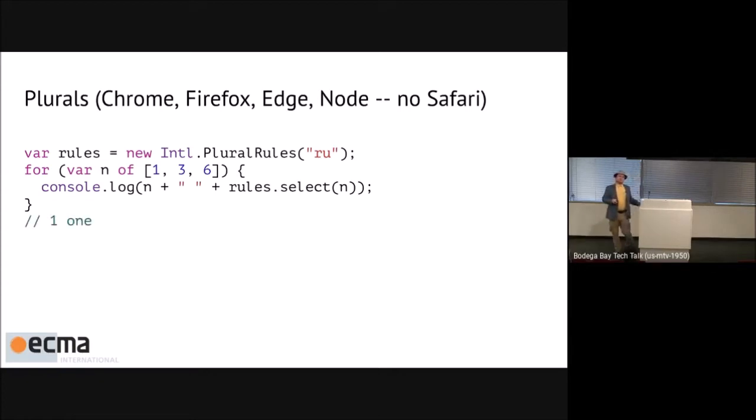So if I give it a 1, I get the plural form one, O-N-E. The number 3 produces plural form few, and 6 produces many. And all those will result in different words. If you were to say how many dogs are there, it's going to be a different word for each of those in Russian. Okay, so that's plurals.